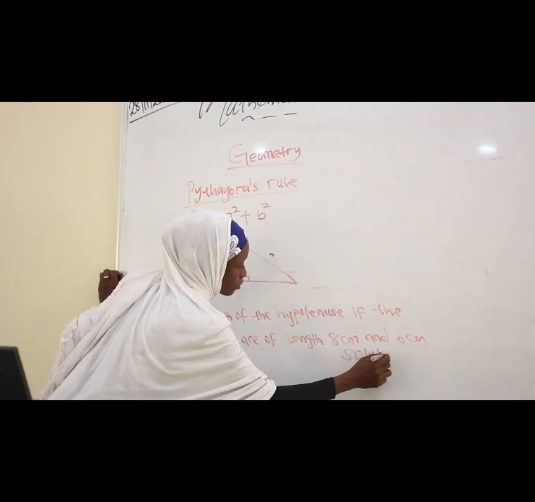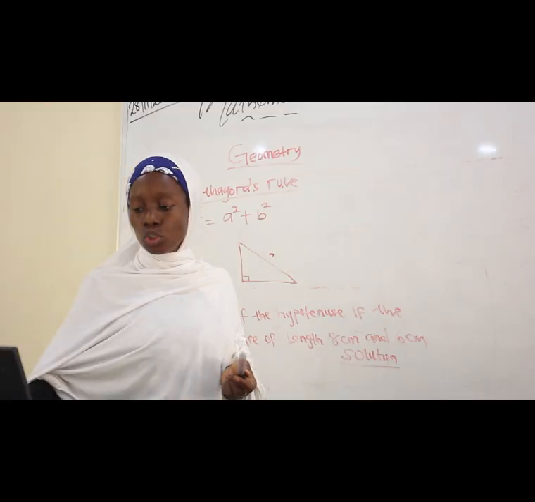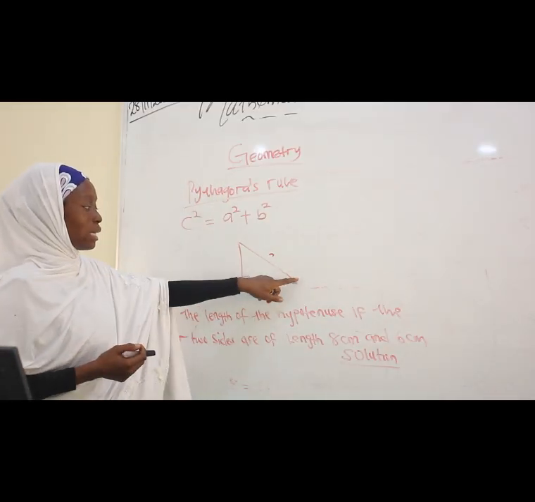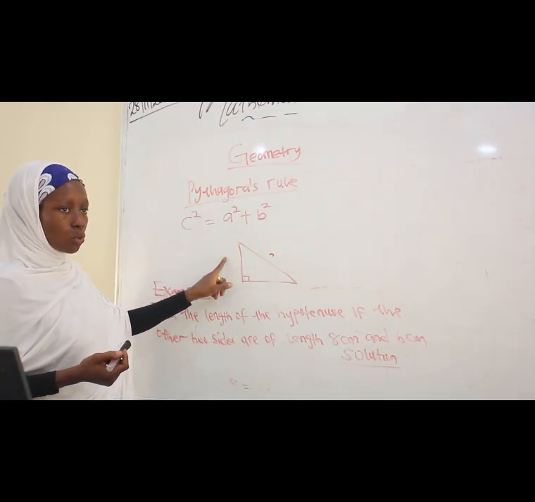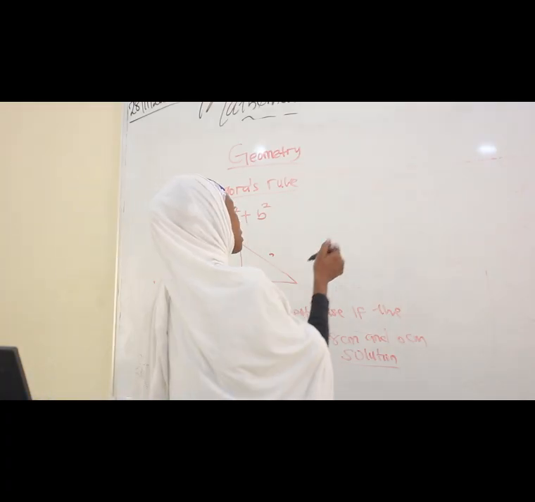Solution. I said the longest side in a right angle triangle is our hypotenuse. So now we have to find the length of the longest side, if the other two sides are given to be 8 cm and 6 cm respectively.